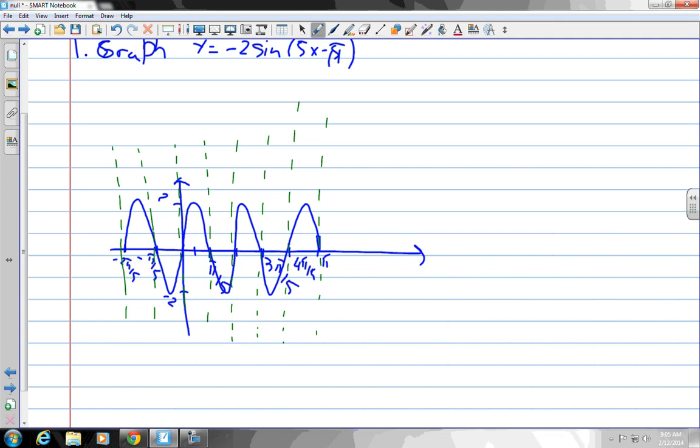And now the rest, they'll always meet at those peaks. So the cosecant will be just a bunch of those little, not even parabolas, but kind of lookalikes.